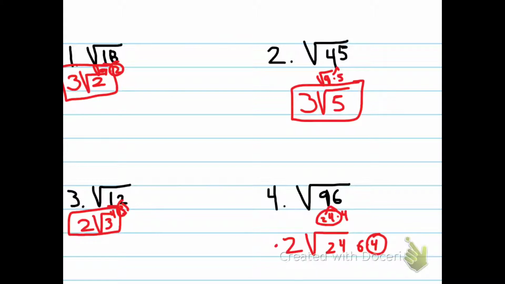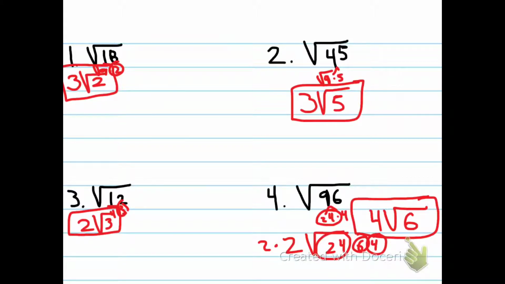So 2 times 2 equals 4, and the thing left on the inside is a 6. So your final answer is 4 root 6. If you don't want to go through all that trouble, you should try to find the biggest perfect square that you can. For this problem, it would have been 16, because when you multiply 4 by itself, it equals 16.